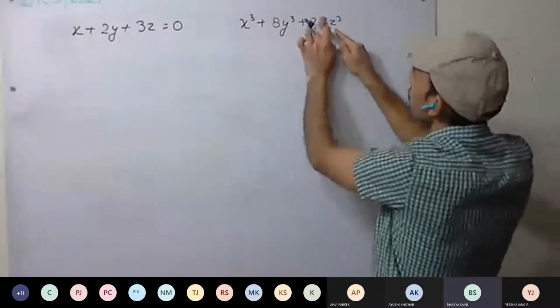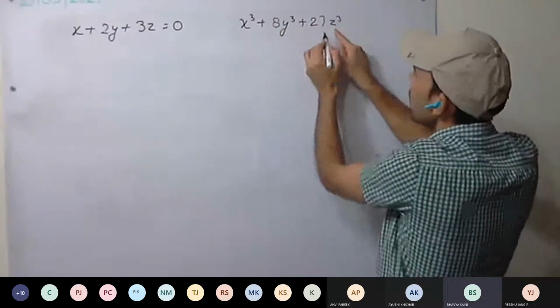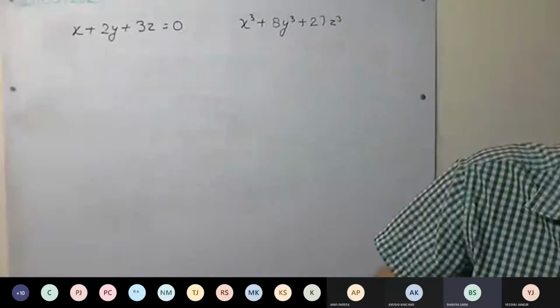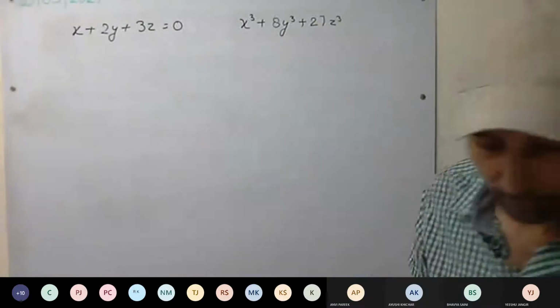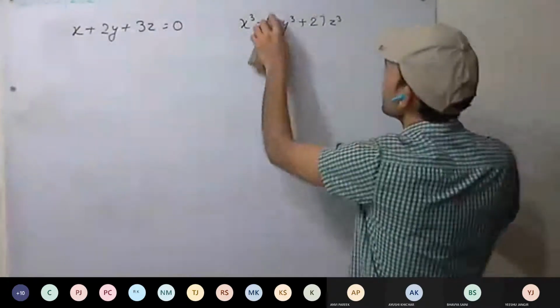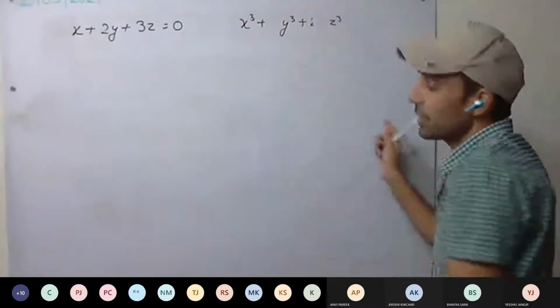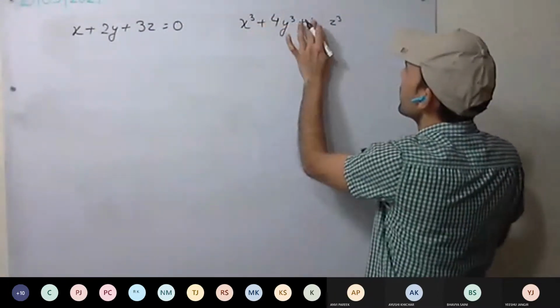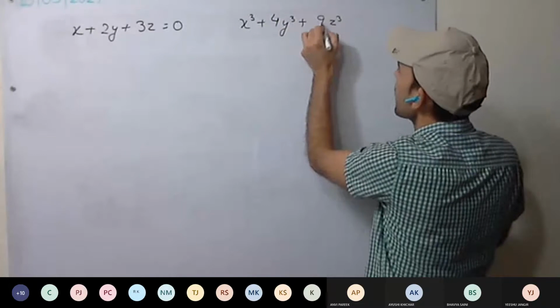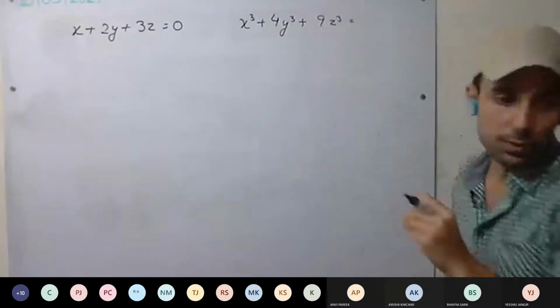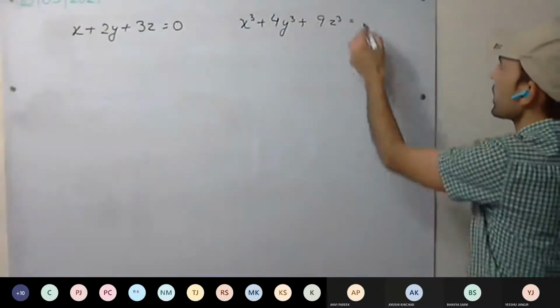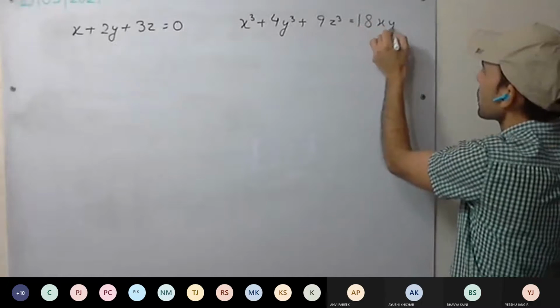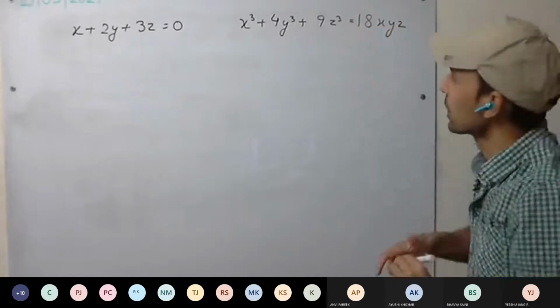Sir, it is given 4y square. Yes, it will be 4, because z will be multiplied. It will be 9z cube equal to 18xyz. This is being given.